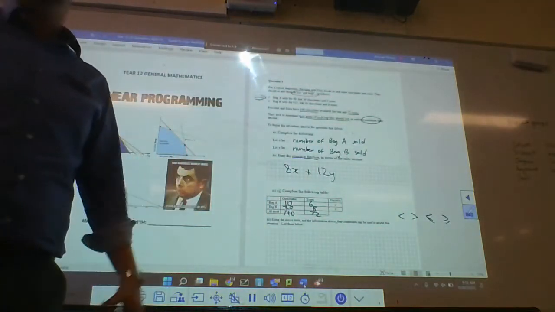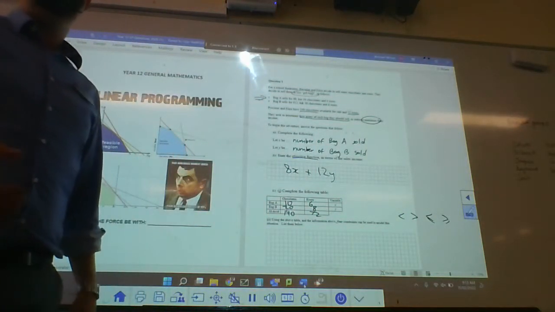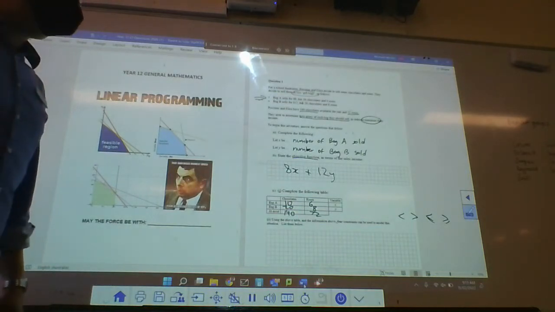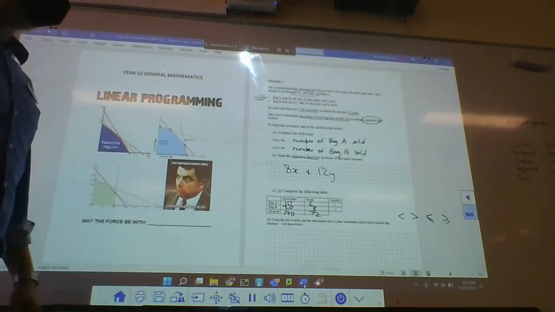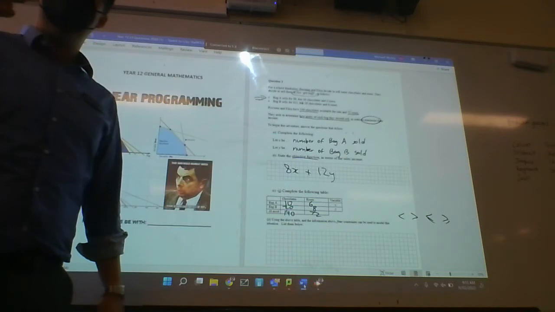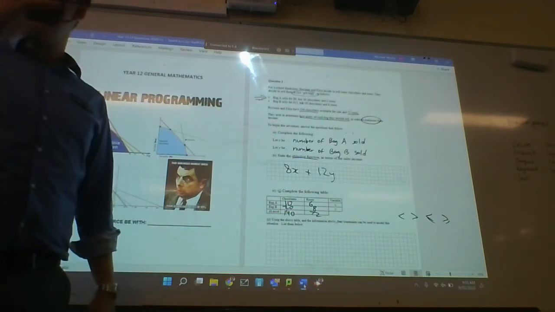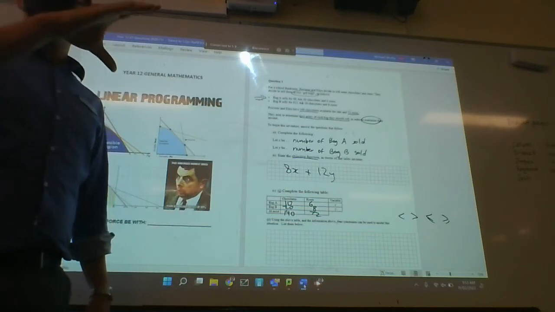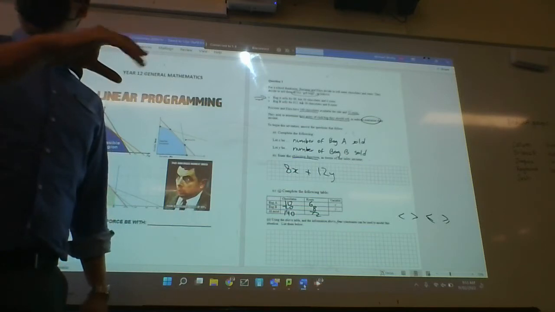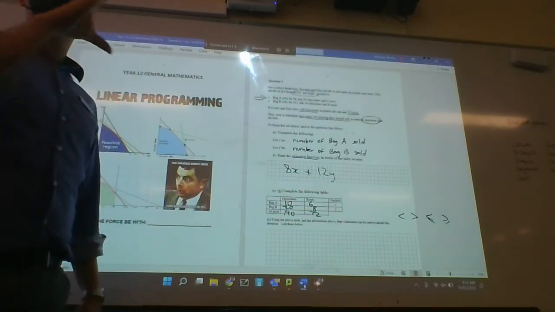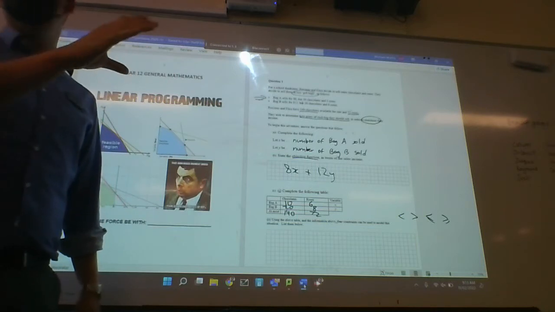Okay, we're going to need to use these. Quick recap on these symbols. I always picture it as a crocodile's mouth. The crocodile always wants to go for the bigger piece of meat, or the bigger part. So whichever side it's opened to is the bigger number, okay?